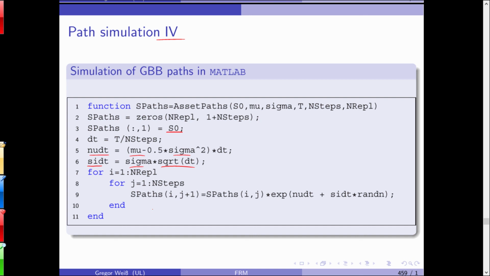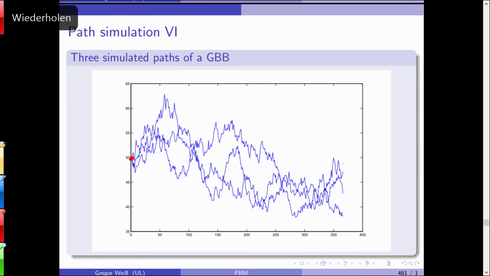The next step is just the previous step plus mu dt plus sigma square root of dt times a random number from the normal distribution. This is what this is here. You can very simply simulate 3 paths of a geometric Brownian motion, and then pricing is as simple as can be.